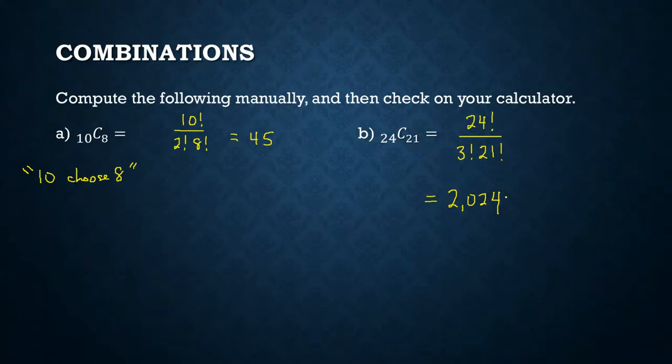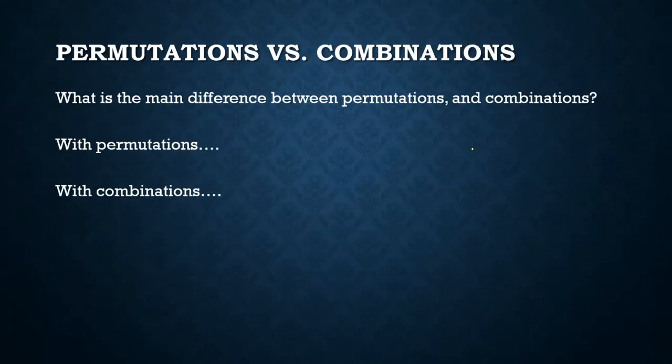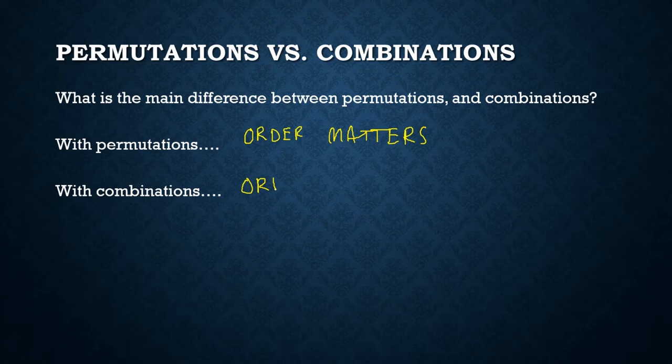So the big idea is that combinations are related to permutations. The difference is you're dividing by the number of ways to arrange the objects you select, which in this case was 8 factorial for 8 objects selected, and 21 factorial for 21 objects selected. The main difference, and this is something we have to drill into our heads, is that with permutations, order matters, and with combinations, order doesn't matter.